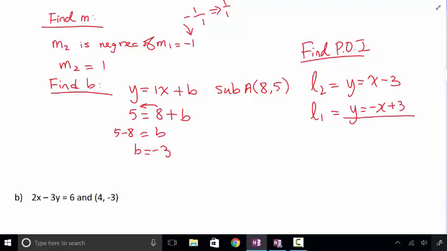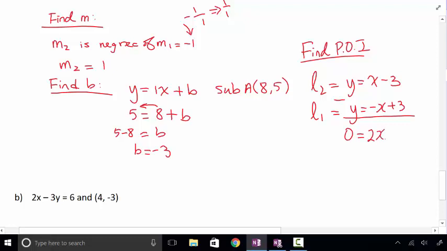Now if I want to do elimination here, I can do elimination by subtraction. That will give you what? Y minus y is 0. And x minus negative x is 2x.